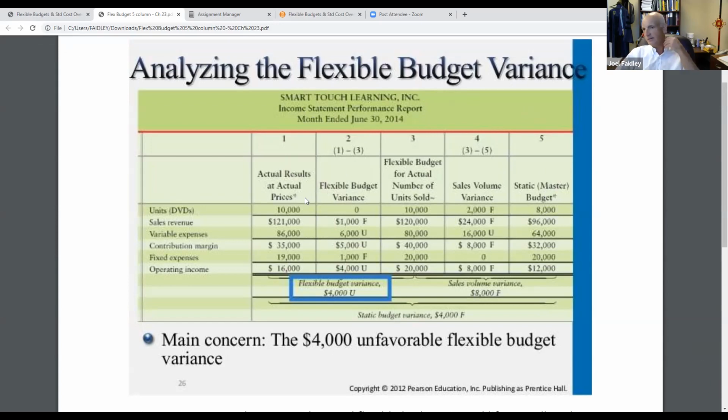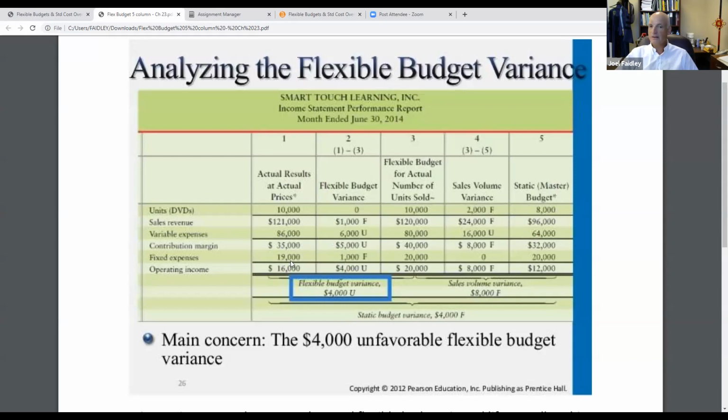Because the flex budget is a what if. What if I had sold 10,000? Well, your sales revenue is going to be 25% higher, right? So 25% on top of 96,000 is 121. My variable expenses are going to be 25% higher, 86 divided by 64. And so that says my new contribution margin is 35,000.